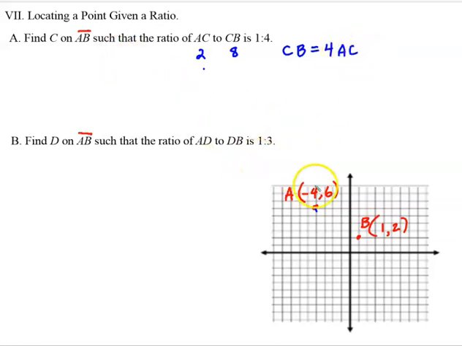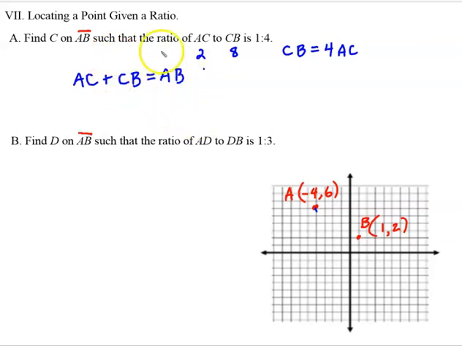All together, if we did AC plus CB, we would get the entire length AB.